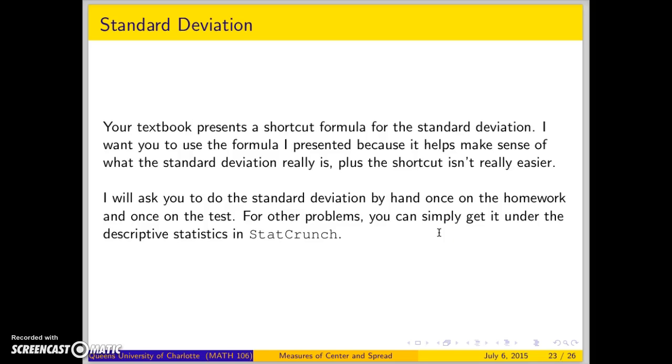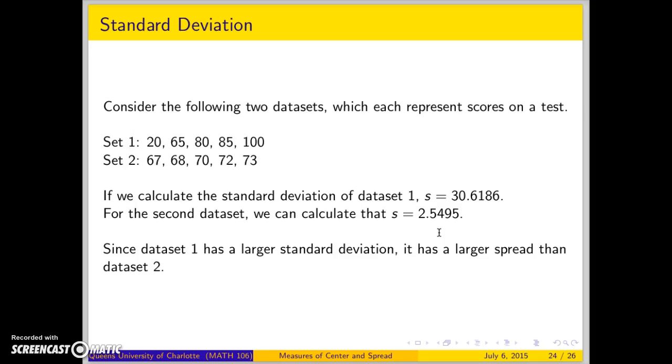And just a note, your textbook gives you a shortcut formula for standard deviation, but the formula I've given you helps make more sense of what standard deviation actually means. And I don't think the shortcut formula is actually much of a shortcut, so just use the formula I provided on all of the assignments and tests.